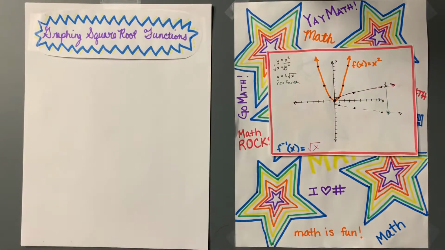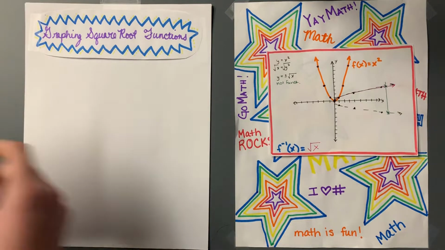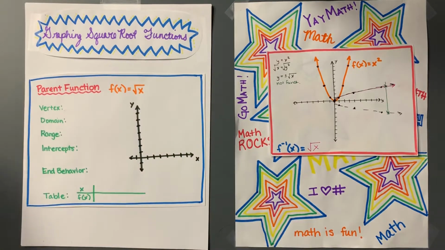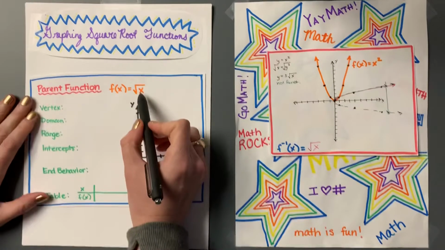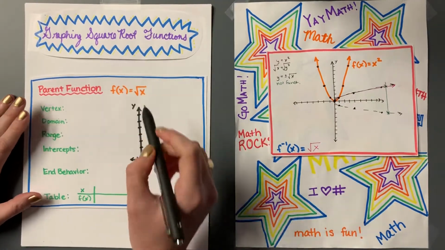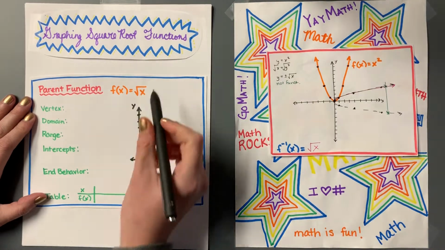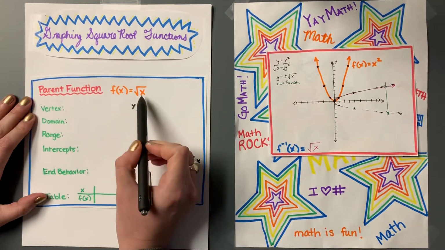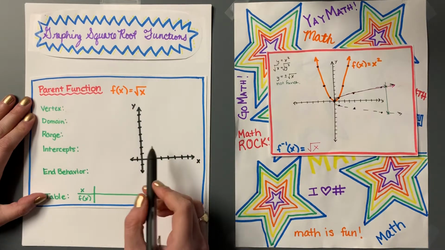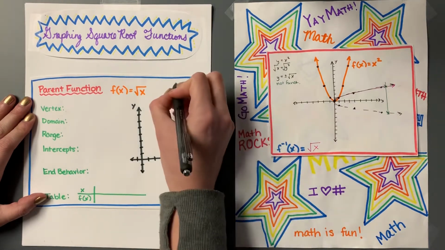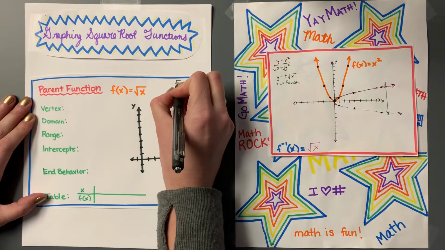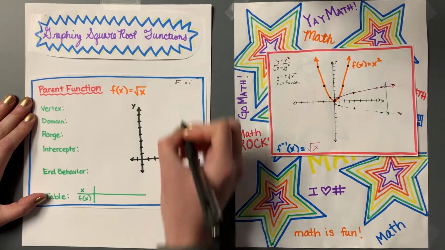So now that we have an idea of what it is we're talking about, let's look at our parent function. So we've got some really big, important things here. One really key defining piece of this is that I cannot put a negative number inside the square root. When I'm looking at graphing functions, I'm looking at real numbers. The square root of a negative number is an imaginary number.